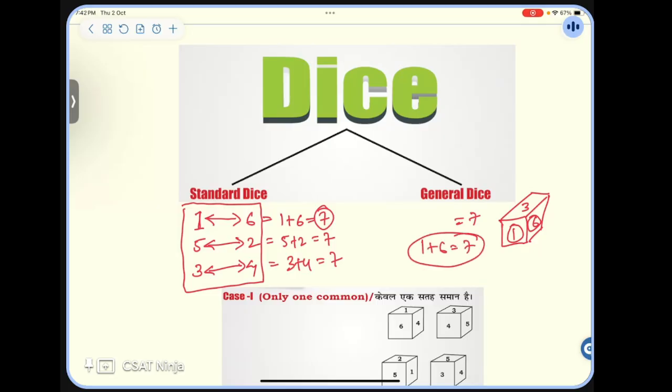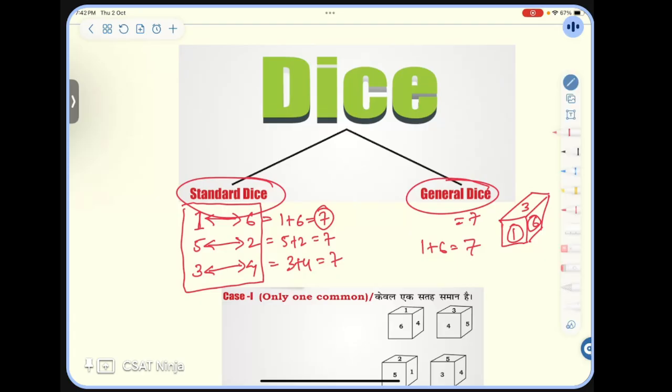If two adjacent sides give you 7, we call that a general dice. So the difference is that in standard dice the opposite sides sum to 7, but in general dice the adjacent sides may sum to 7.